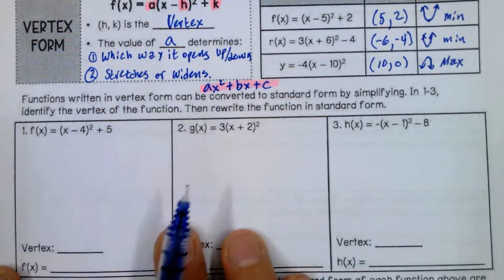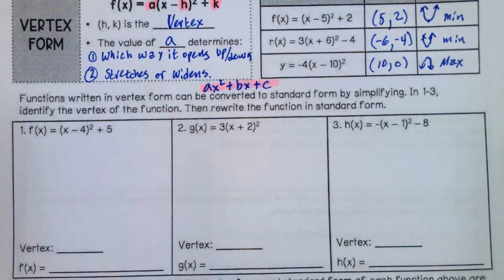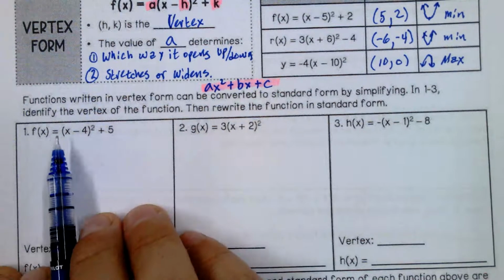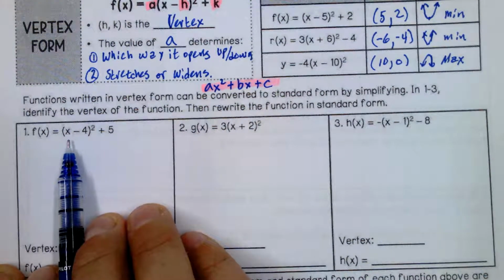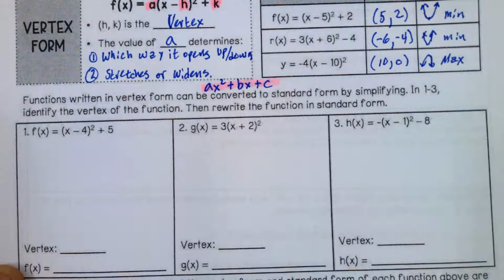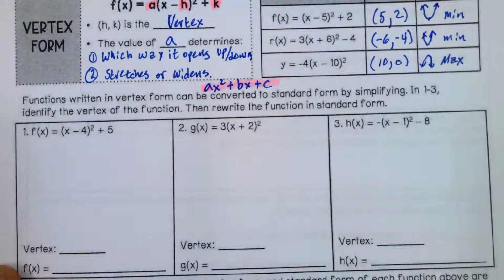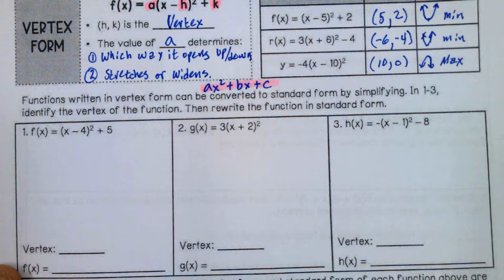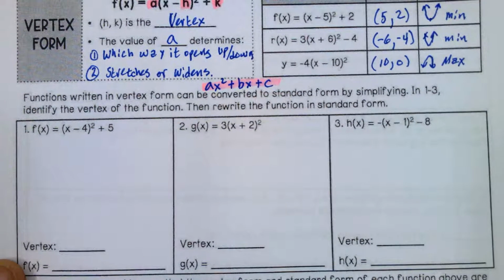If this is in vertex form, we want to get everything outside parentheses, combine like terms and all that. So the first thing I want to do is I don't want x minus 4 squared. Either you remember how to square binomials, or you could just do x minus 4 times x minus 4. Do we square each one individually?